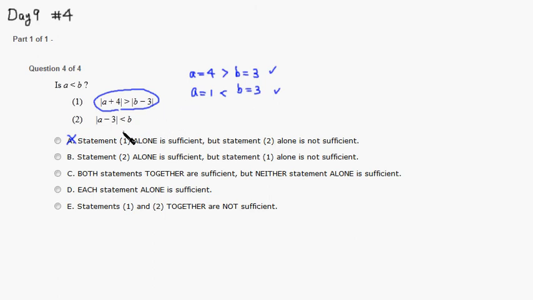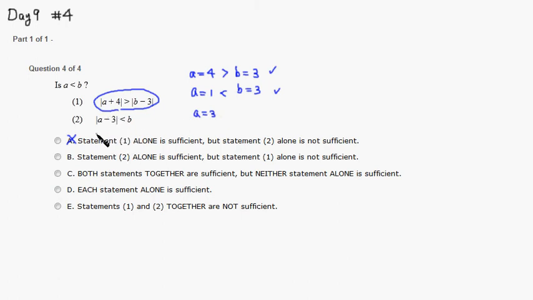Then let's tackle this guy, right? And let's try to see if this works. So let's see. If you have this inequality, let's try to do the same thing as before. I'm going to choose a equals 3, right? So that it's easy to satisfy.